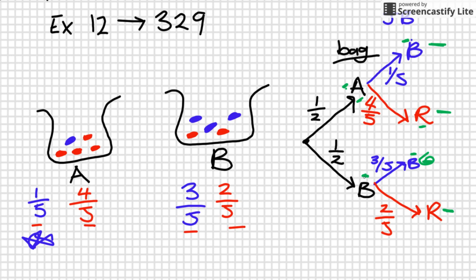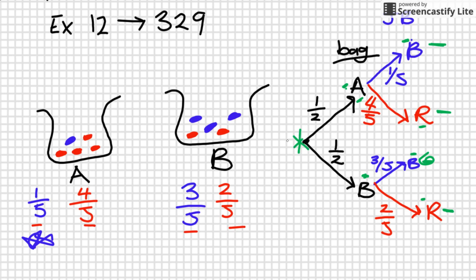And then we have bag B and a red jelly bean. But because these have different probabilities here for picking a blue jelly bean and a red jelly bean, and then they are different again depending on which bag you pick, the probability of any of these 4 outcomes is different. They're not all the same. But the way we work this out isn't too difficult.